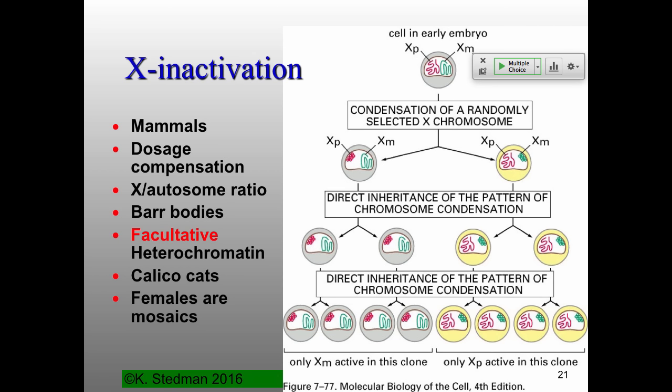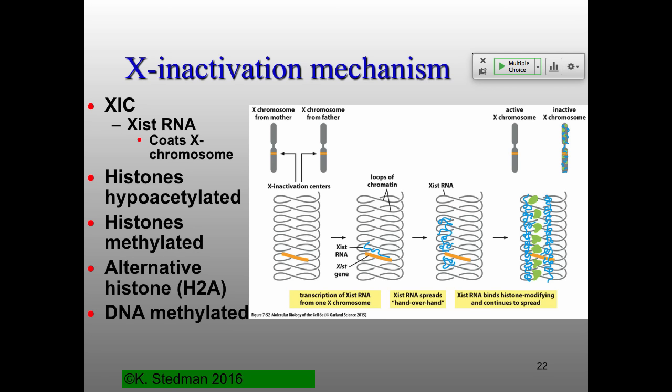We know quite a lot about how this inactivation actually takes place, and this is one of the really nice examples of it's all about the RNA. Actually, it has very little to do with the protein. The so-called X inactivation center expresses a long non-coding RNA, more than 200 nucleotides. And what that does is, after expression, it coats one of the two chromosomes and is basically moving along that chromosome.